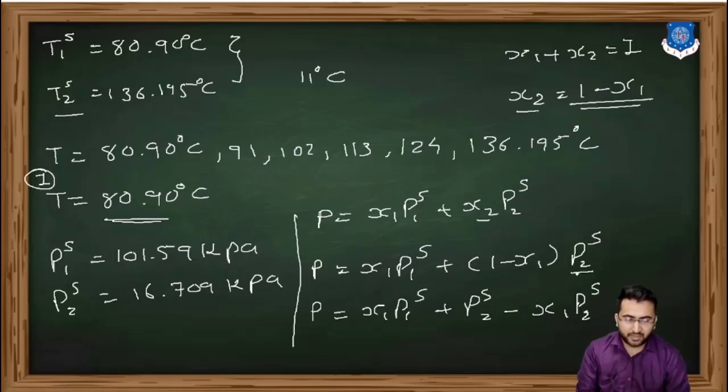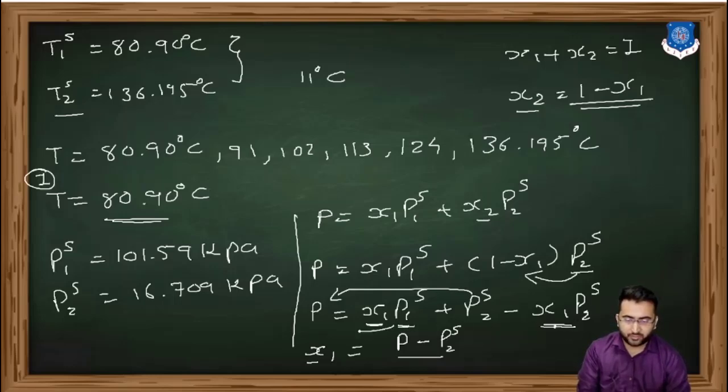So multiplying P2 in the bracket, and taking x1 common from both terms, we get x1 times (P1 saturated minus P2 saturated) equals P minus P2 saturated. Taking P1 saturated minus P2 saturated to the other side, x1 equals (P minus P2 saturated) upon (P1 saturated minus P2 saturated).